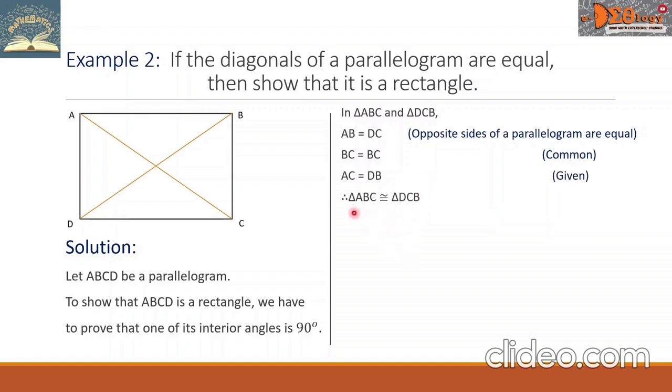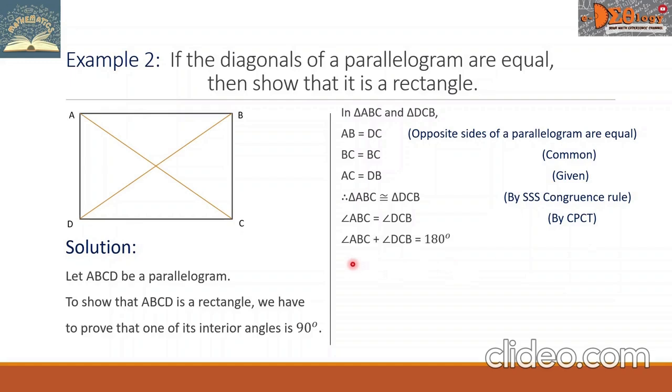Now we conclude that triangle ABC is congruent to triangle DCB by the SSS congruence rule. Then we can conclude that angle ABC equals angle DCB. We say that corresponding parts of congruent triangles are congruent.